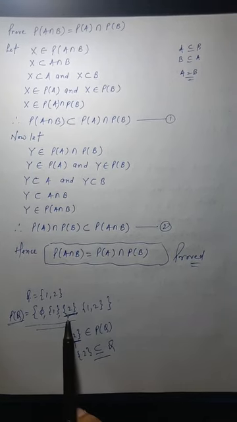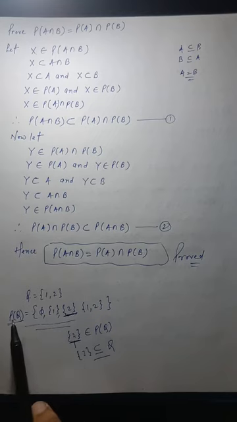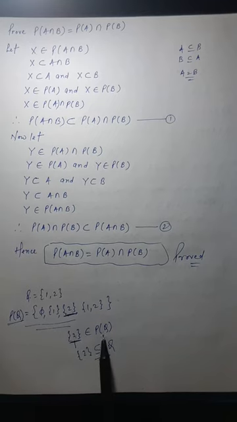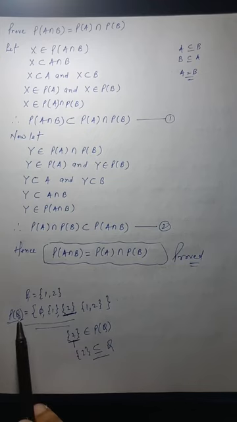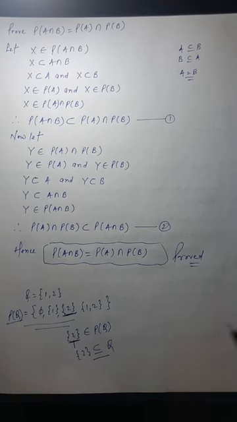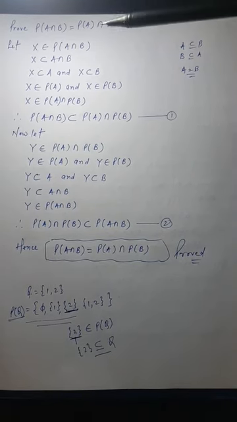Because this {2} is an element of P of Q, but it is a subset of Q also. It means if any element X belongs to P of Q, the same element X will be a subset of Q. So I am using the same concept.